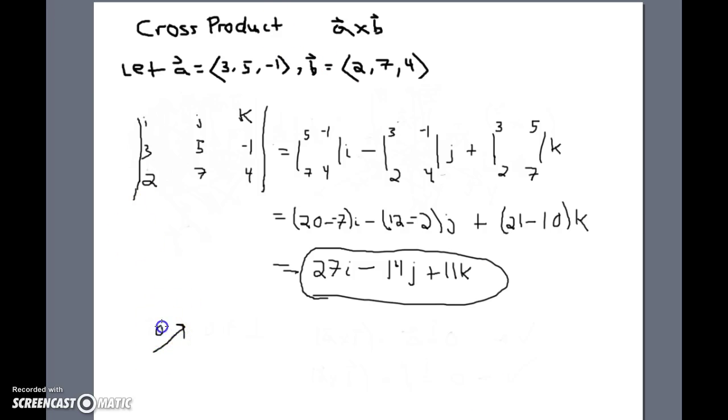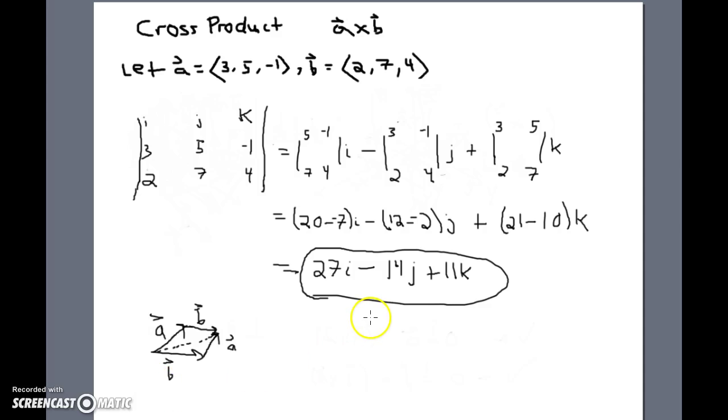So like here's vector A and here's vector B. As you know, this is the resultant between A and B. And again, this is vector A and this is vector B. And though my picture is not perfect, the idea is that this forms a parallelogram.